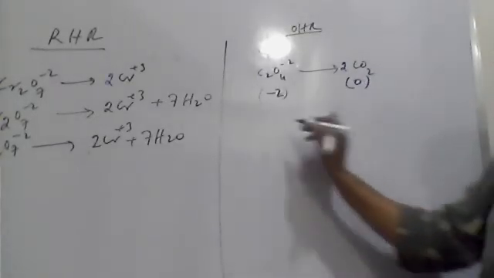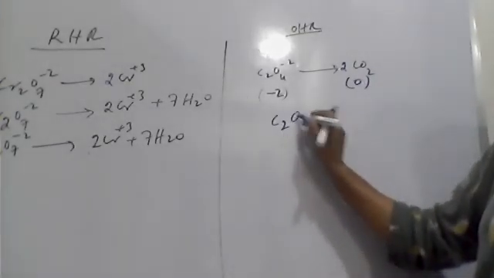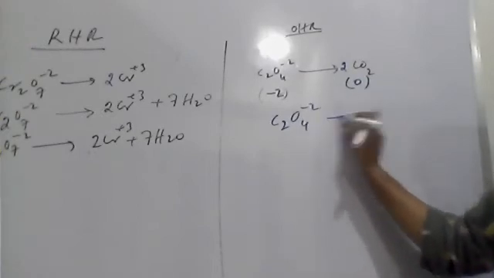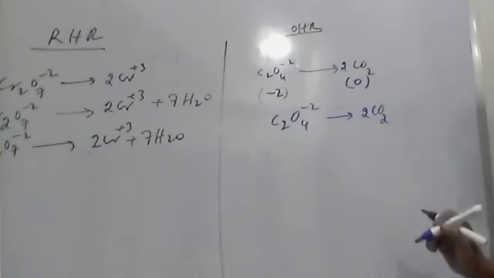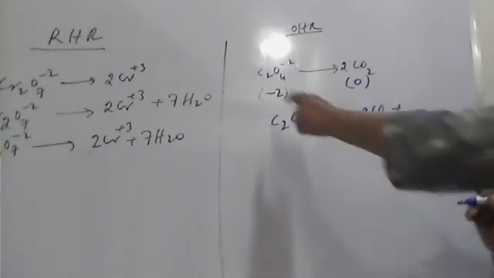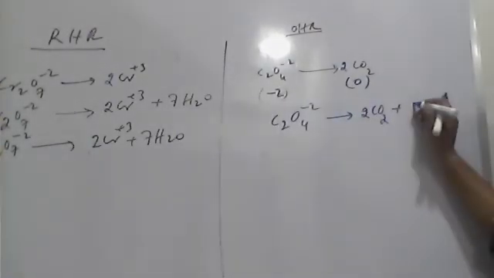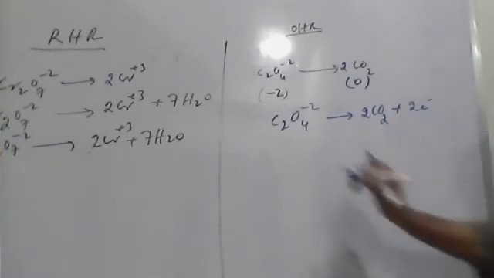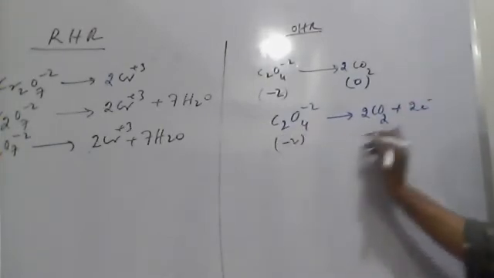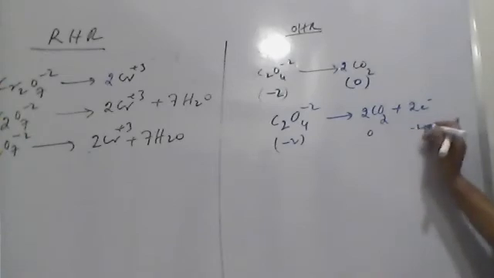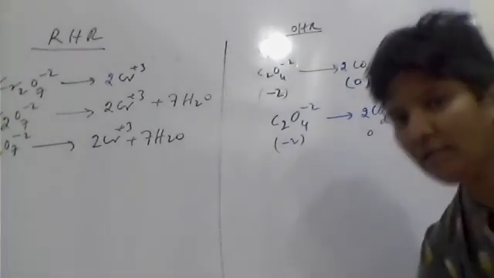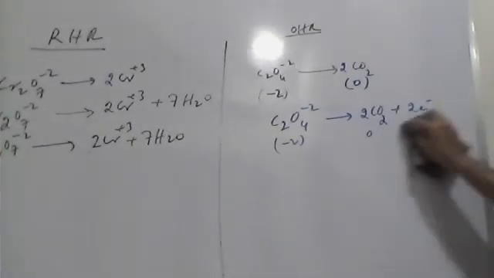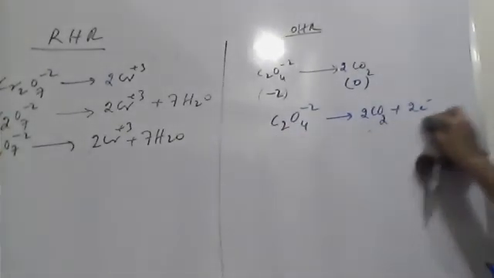So to balance the charge, you have to add electrons where the positive charge is more, at 0. How many units? Minus 2 to 0 means 2 electrons. So the charge is balanced. Here the 2 half reactions are balanced.